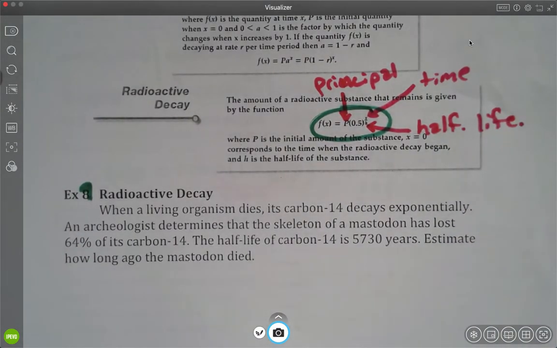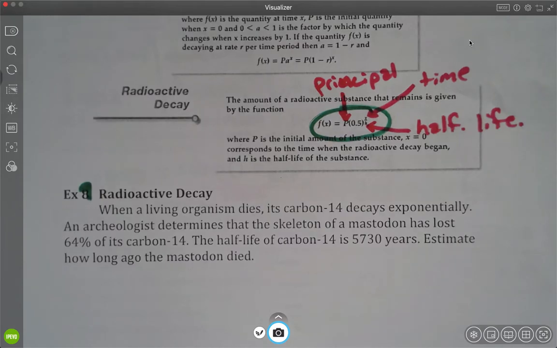You guys who take science class, have you talked about carbon-14 dating and stuff? Carbon-14 has a half-life of about 5,730 years. What they do to figure out how long dinosaurs have been dead is take samples of the fossils, figure out how much carbon-14 is in that, and then backtrack and figure out how long the thing has been dead.